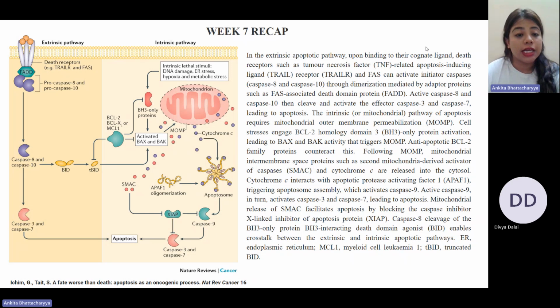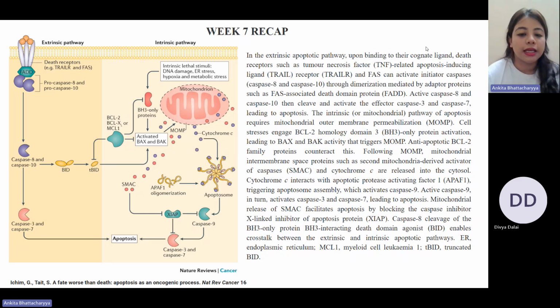The mitochondrial release of SMAC, which we talked about just a little while ago, facilitates apoptosis by blocking the inhibitor of caspase, which is the X-linked inhibitor of apoptosis protein, or XIAP. It is shown here in blue. So what it does is block XIAP and caspase 8 cleavage of BID, which is the BH3-interacting death domain agonist.